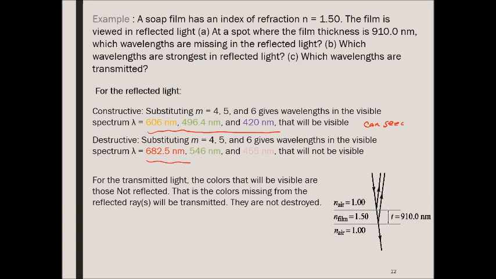Then we have these ones with destructive interference, so not seen in reflection, but that light had to go somewhere. We know it can't change in frequency because we've already looked at that from refraction. So that light must go somewhere, and that is the light that is transmitted. So the light that is destructively interfered with upon reflection must be transmitted through the bubble.